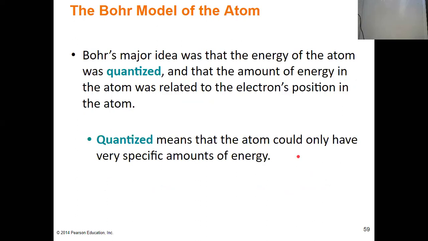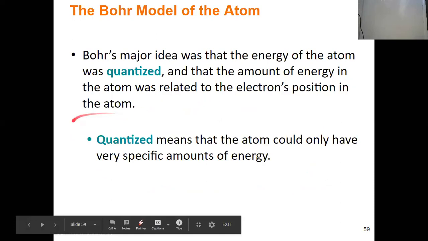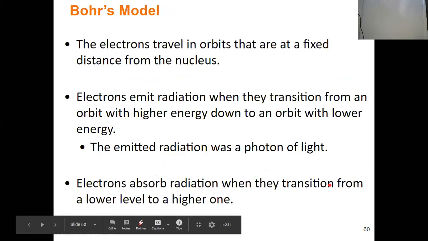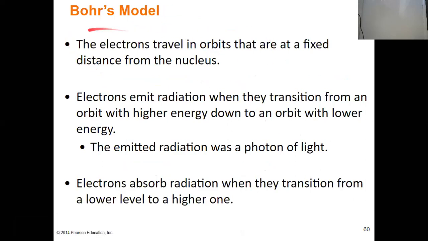So the atom is going to have these very specific amounts of energy associated with it. Electrons are going to travel in orbits that are at a fixed distance from the nucleus, or approximate orbits. Okay, because it's not exactly like a planet orbiting the sun, but it's close enough to think of it that way.